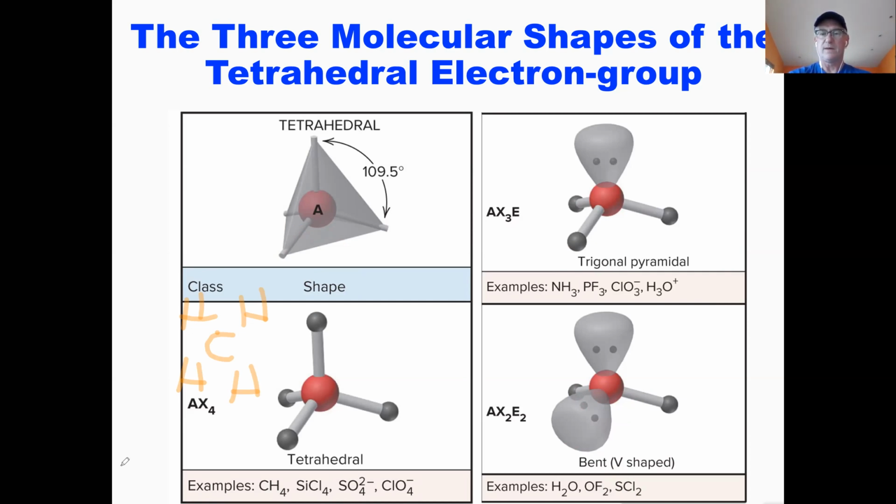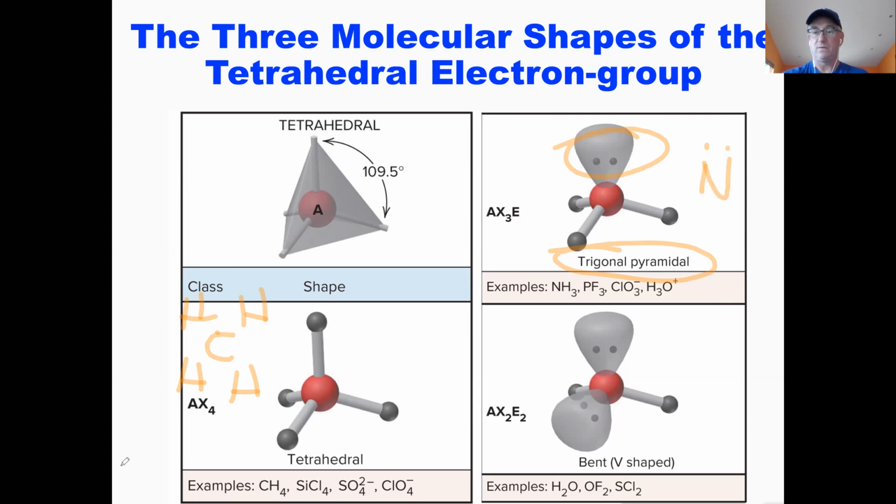Now, you get something called a trigonal pyramidal shape when you still have the tetrahedral group, but you've lost one of the atoms and replaced it with a lone pair. The classic example of this is ammonia.